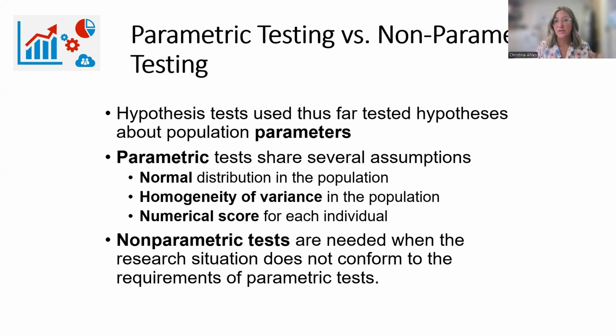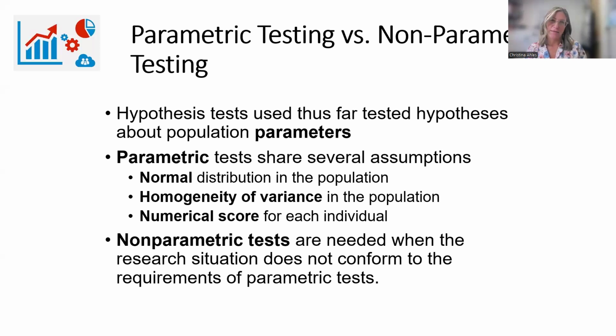Parametric tests, which are the tests that we have basically dealt with, t-tests, ANOVA, Pearson-R correlation, share specific assumptions, typically related to normal distributions, homogeneity of variance, and quantitative data, so numerical scores for each individual.